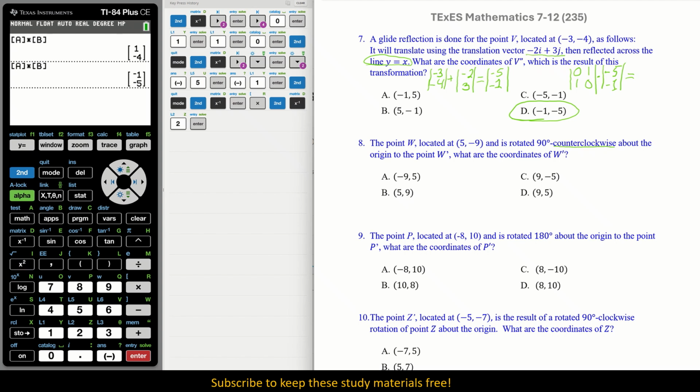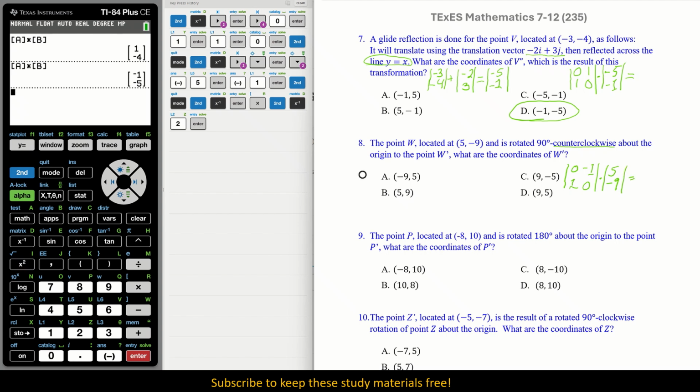So what do we do? First, we need the matrix for counterclockwise 90 degrees. Well, that is 0, -1, 1, and 0. Let me double check. Yes, I am right. And we're going to multiply that by our 5, -9.